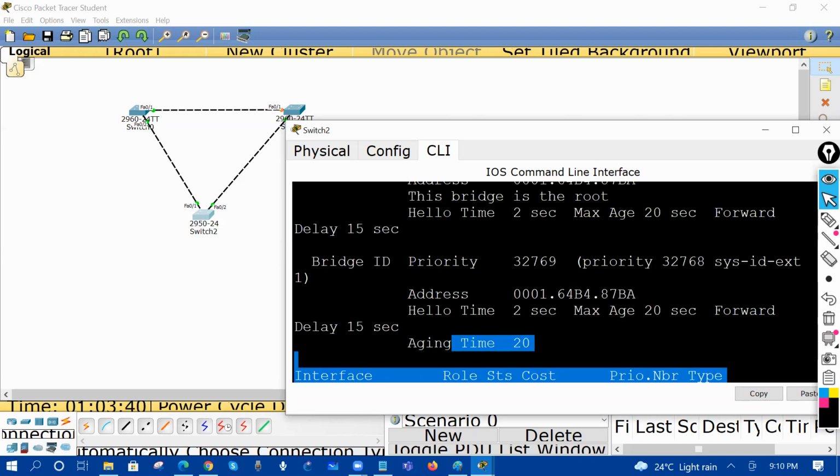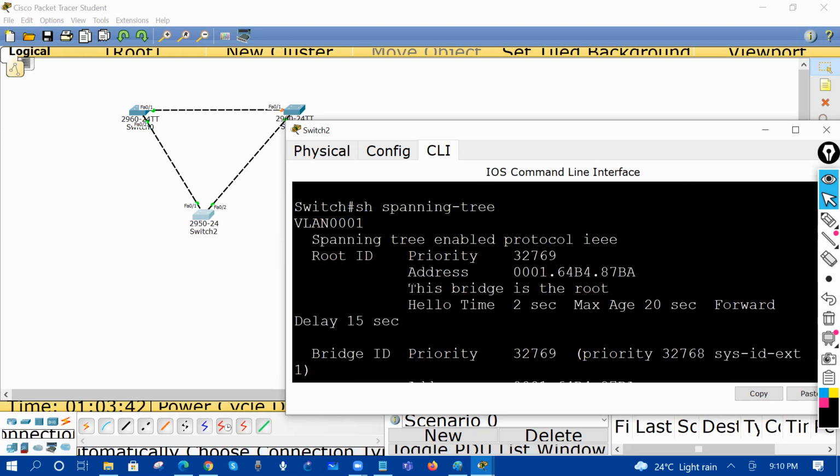Can you see one thing? Hey, I'm the root bridge because my MAC address is lower than yours. If you see the MAC, what is the MAC address of this interface? 001, then 64BA, and then we have 87BA.